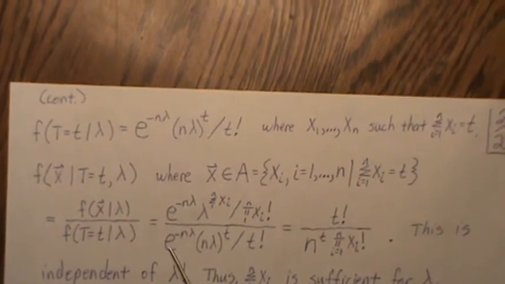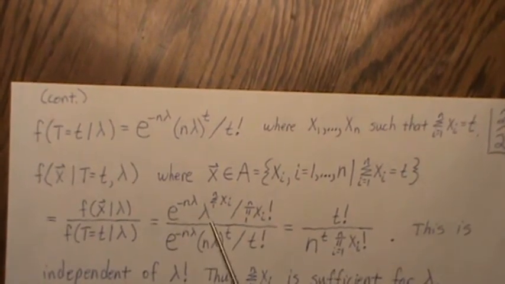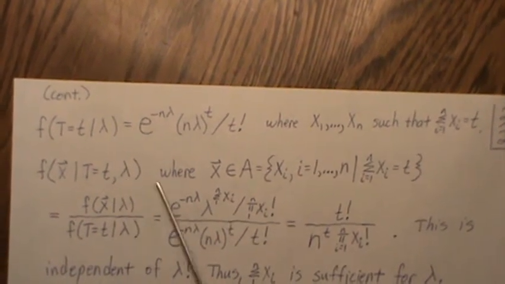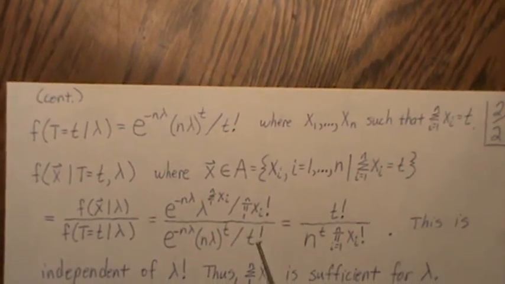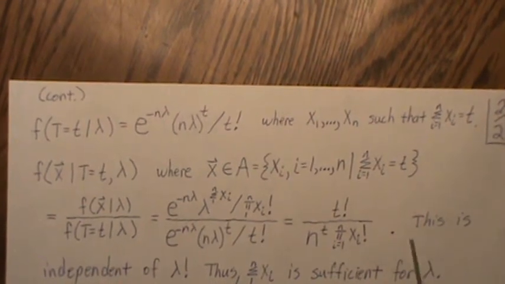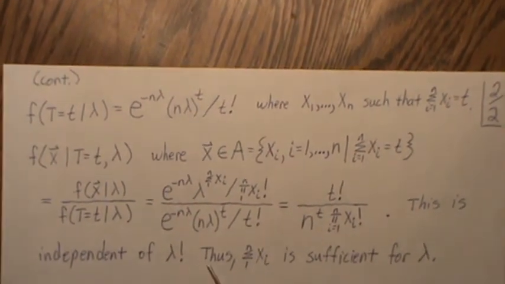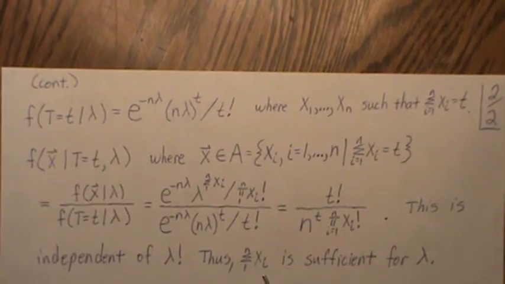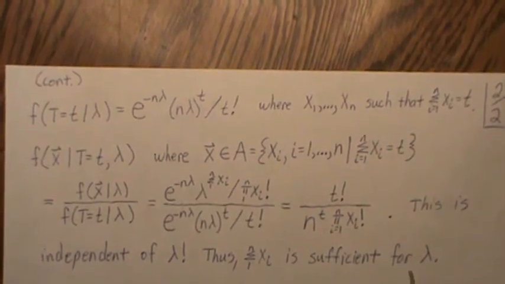And now we cancel. The lambdas cancel. Well, that's because this has to sum to t, right? And then these don't. So we get this. Now note that this is independent of lambda. There's no lambdas here. So thus, the sum of the xi is sufficient for lambda.